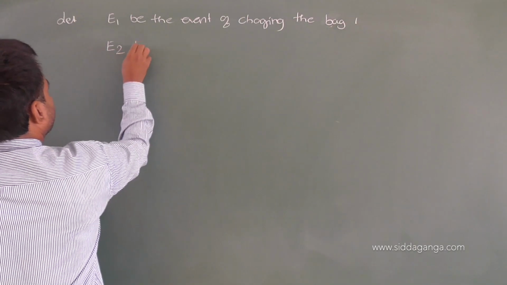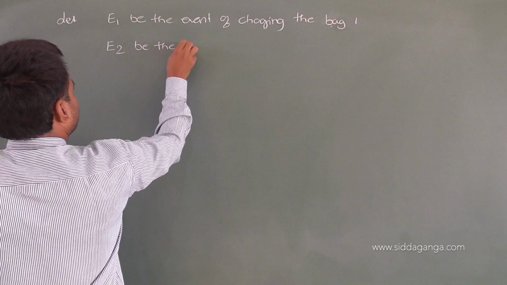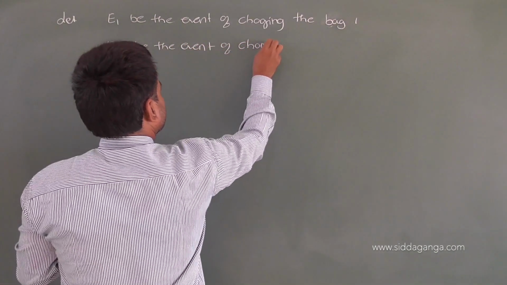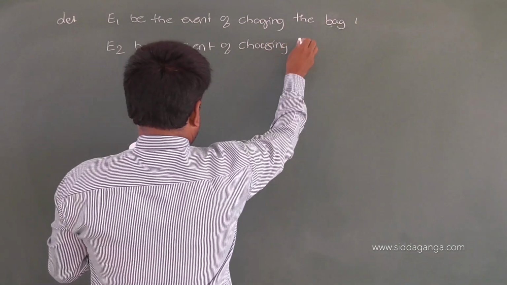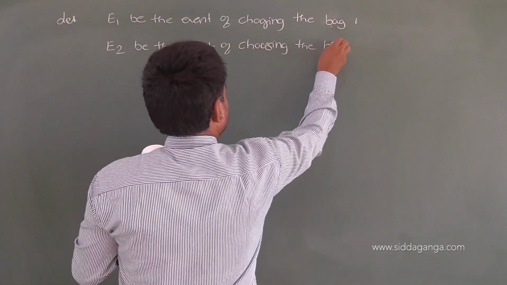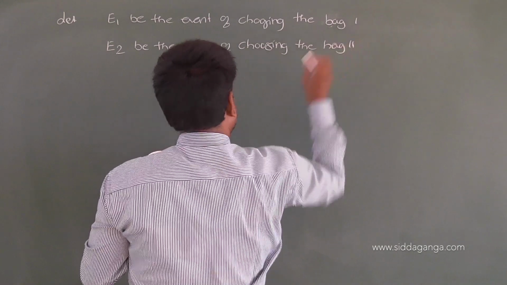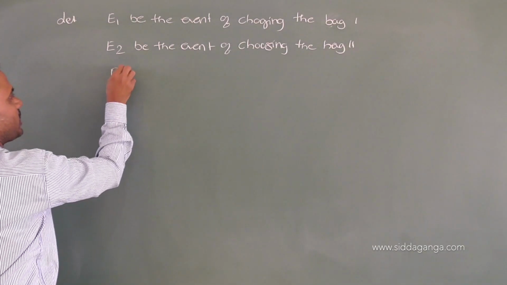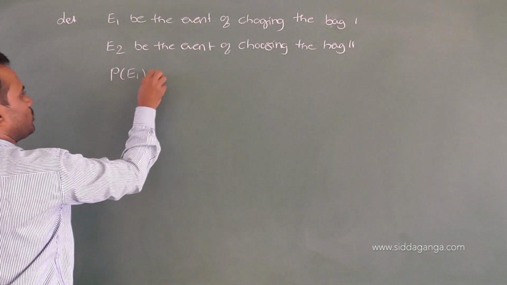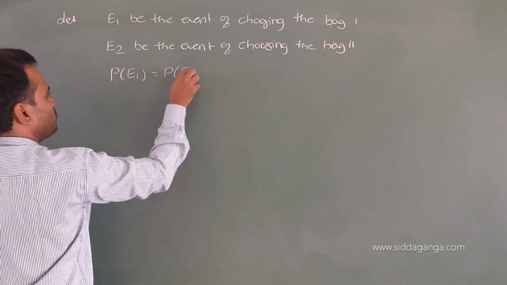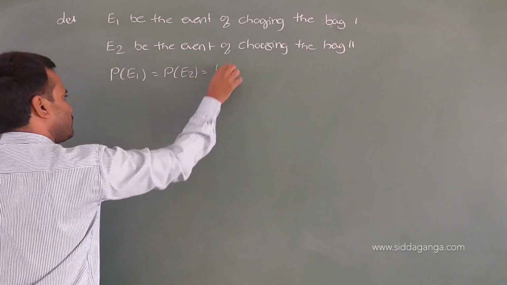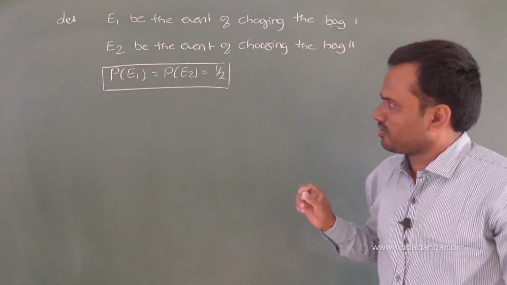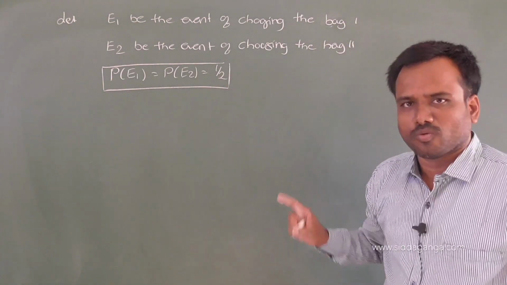E2 be the event of choosing the bag 2. So probability of E1 is equal to probability of E2, which is equal to 1 by 2. First one is over. Correct? Probability of E1, probability of E2 is 1 by 2.